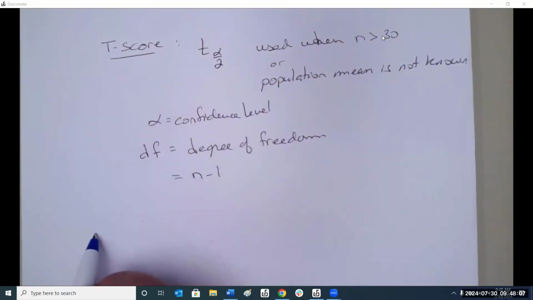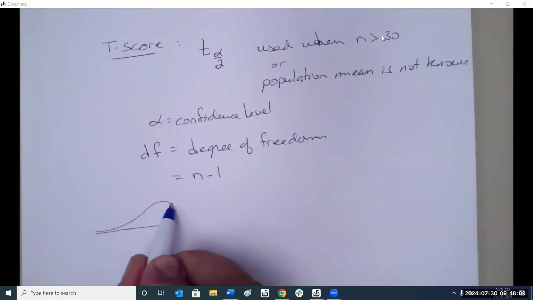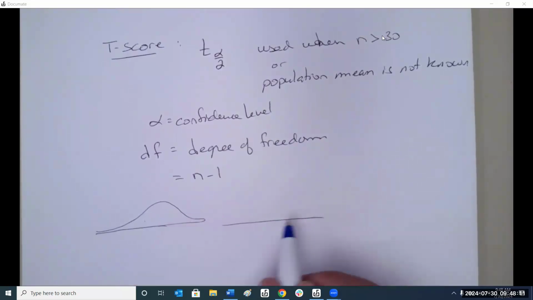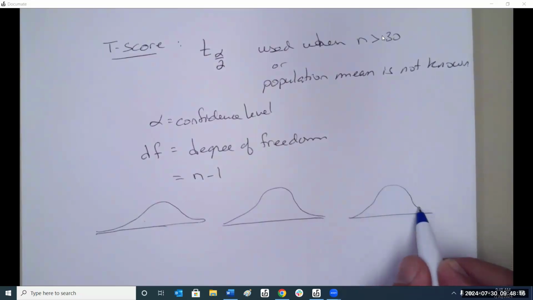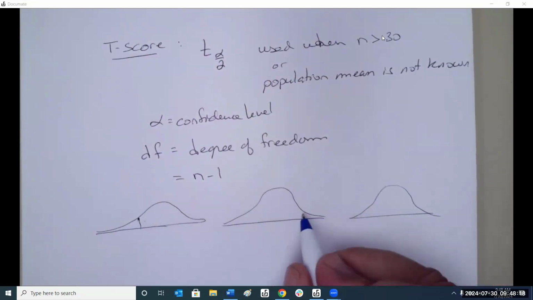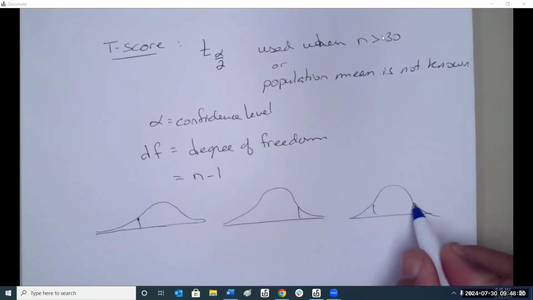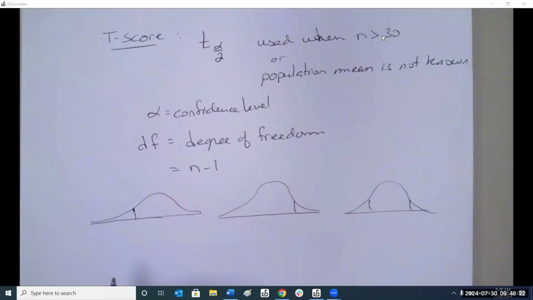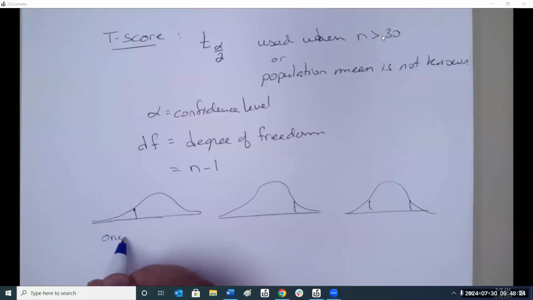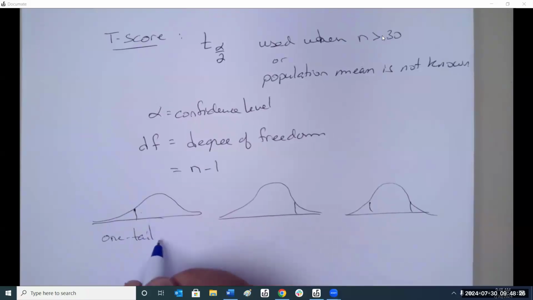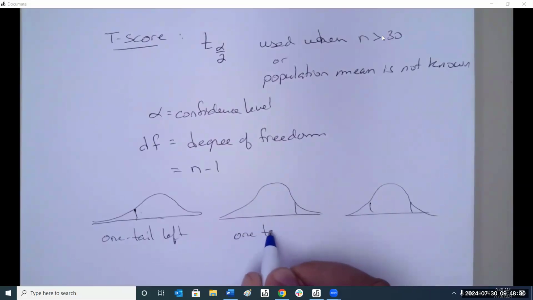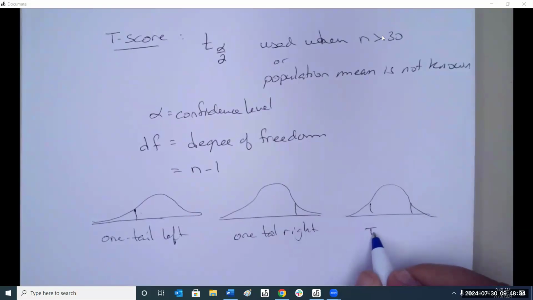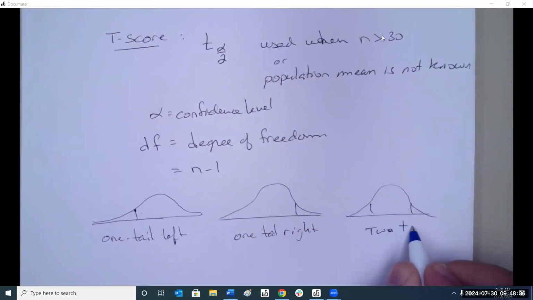With t-scores, we can have 3 possibilities. This is a one tail left, one tail right, or a two tail.